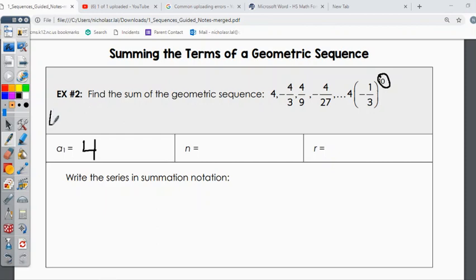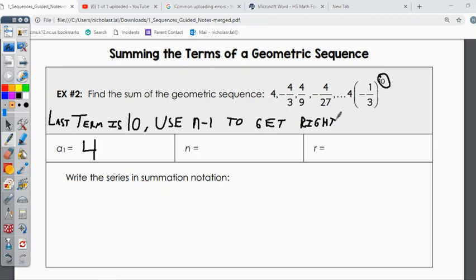So we can use n minus 1 to get the correct exponent. All right, we'll see what we mean by that in just a second.